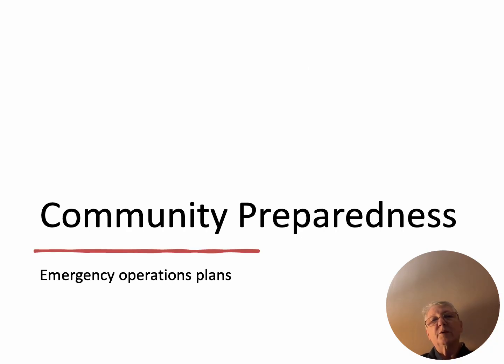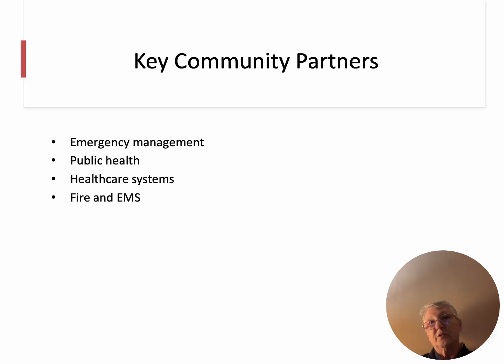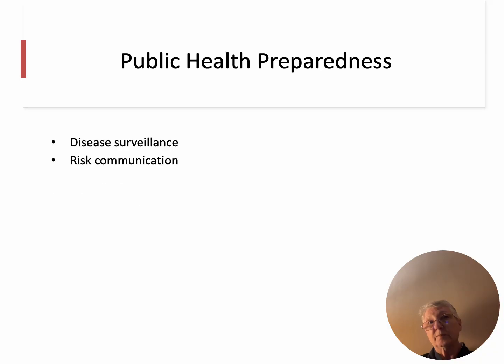Communities develop emergency operations plans that coordinate response among emergency services and government agencies. Some key community partners are emergency management, public health, healthcare systems, fire, and EMS. Preparedness requires coordination among many organizations. These partners share information and coordinate during the disaster.